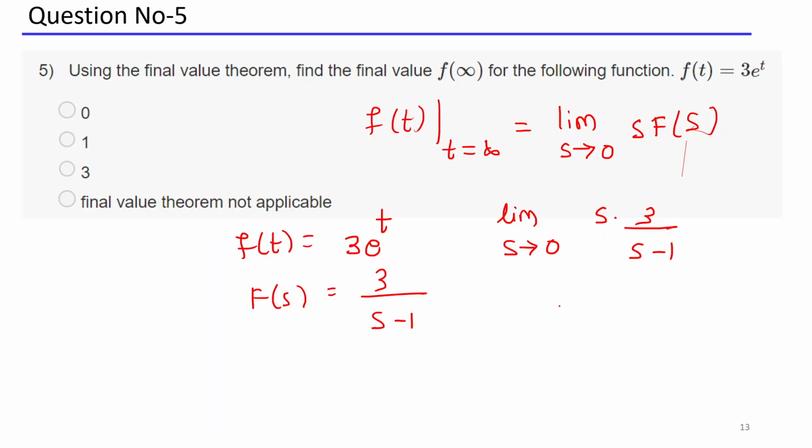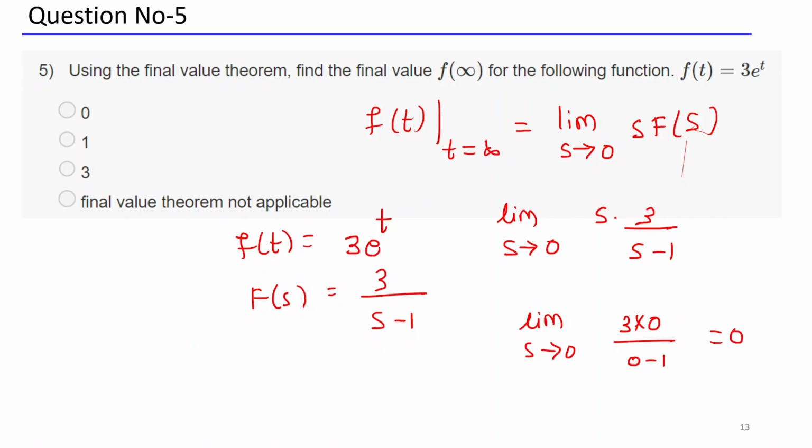If you put s tends to 0, what is the value we will get here? Limit s tends to 0, 3 into 0 divided by 0 minus 1. So this will be 0.